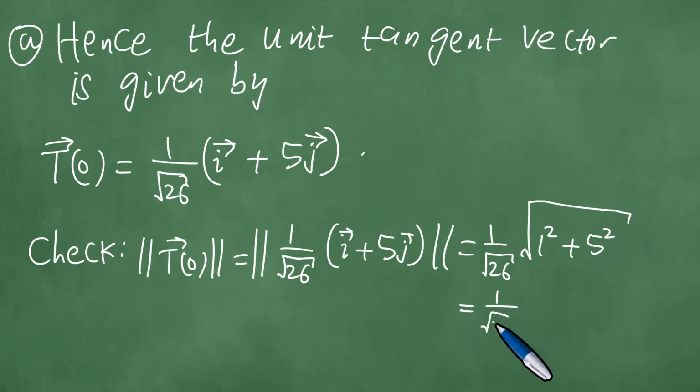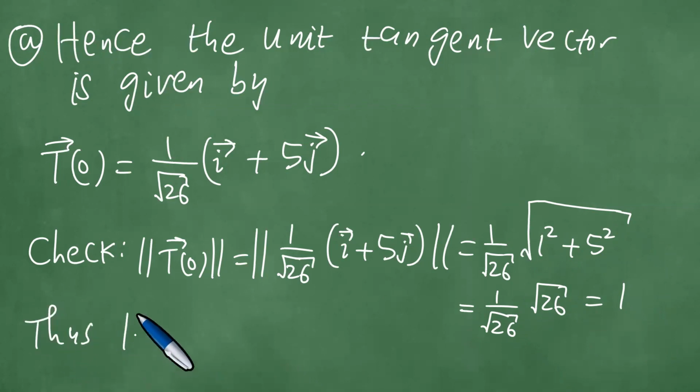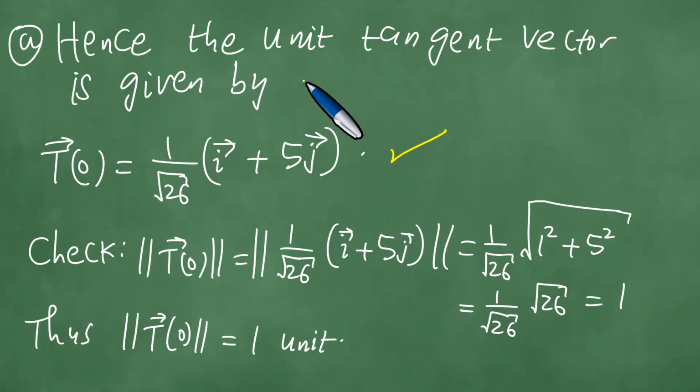So this is 1 over square root 26 times square root 26, which is 1. And thus we have that the actual length of this vector is 1 unit. What does that confirm? Well, it confirms that this indeed is a unit vector. Not only obviously a unit vector, but it is a unit tangent vector.